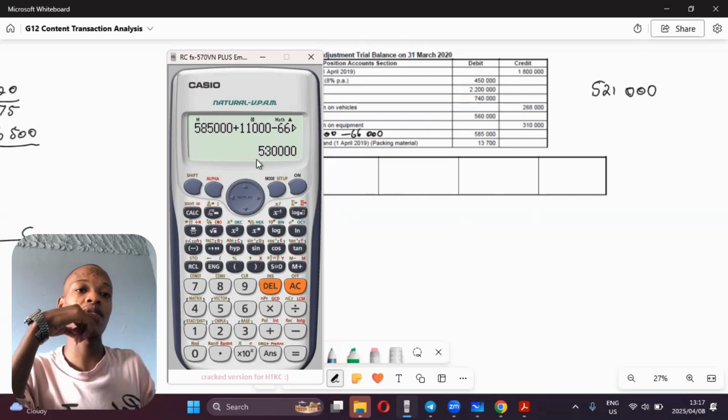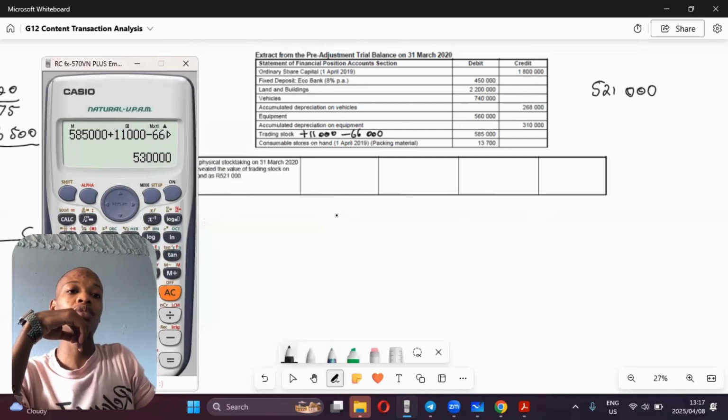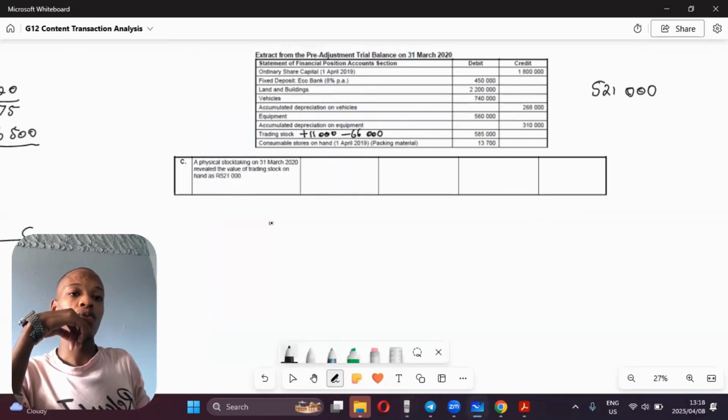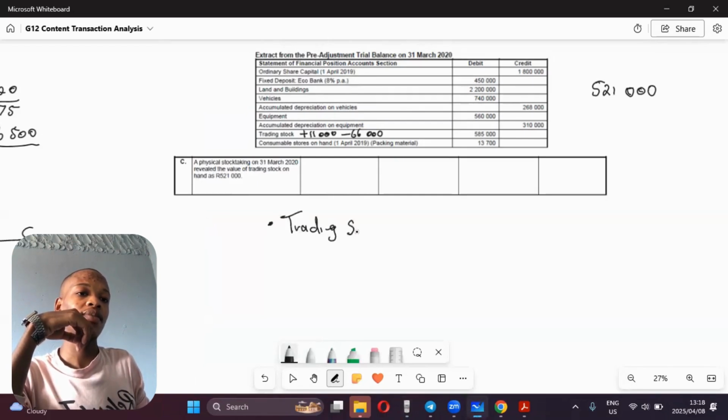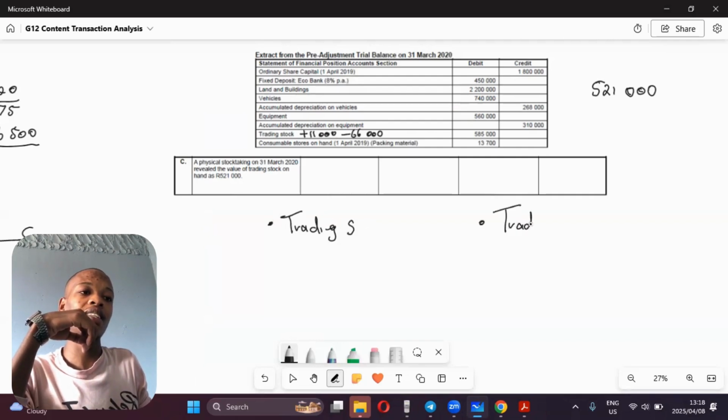So how much is the trading stock deficit? 530,000 minus 521,000, which is 9,000. So trading stock will be affected, and another account that will be affected is trading stock deficit.